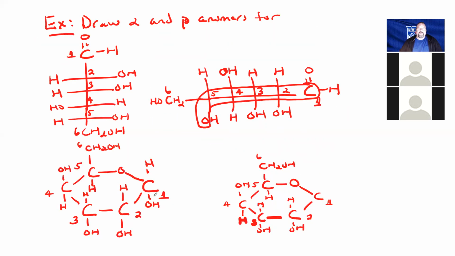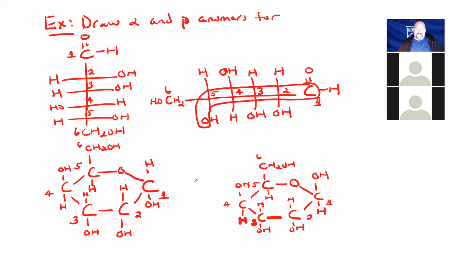There's basically a 50-50 chance that the OH could end up going down, or the OH could end up going up. 50-50 chance. It's a new OH. It wasn't here in all of this other work previously. It wasn't here in the Fischer projection. There's no defined translation for it because prior to the ring forming, it didn't exist.